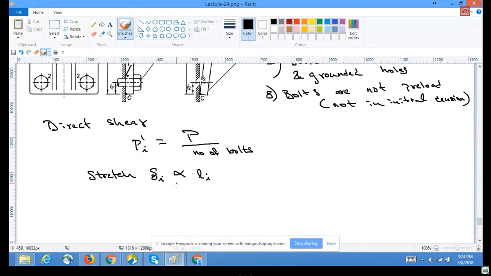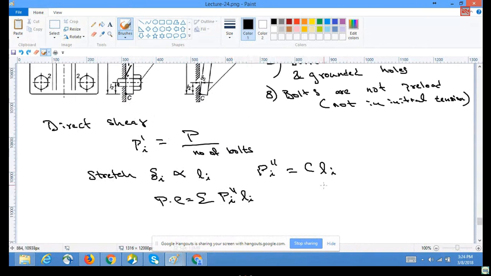So that means we can say that our Pi double dash is equal to C times Li, and such that P times e, the moment which is out of plane, is balanced by the differential tension in the bolts, the summation of Pi double dash Li.